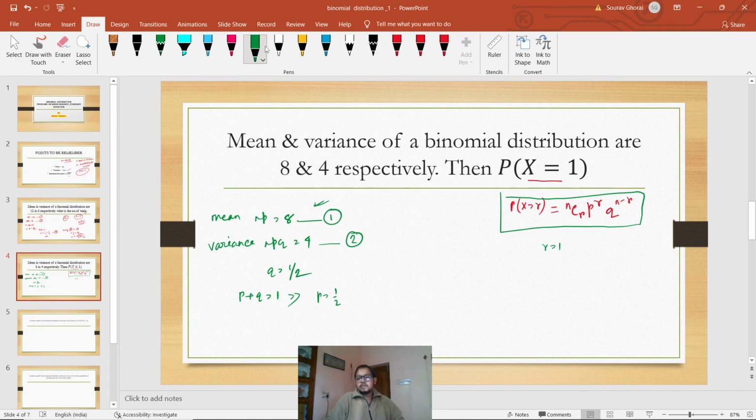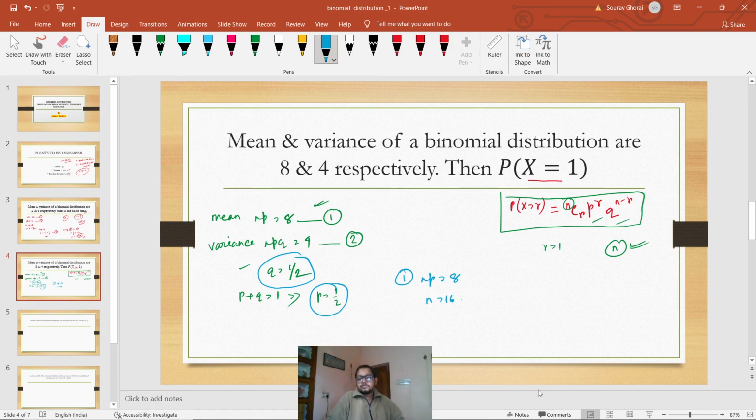We have to find the value of n, the value of p and the value of q. The values of p and q we already have, and now we have to find n. So from 1, np is equal to 8, and if we put p equal to half, n is equal to 16.